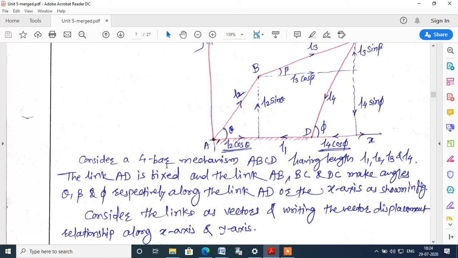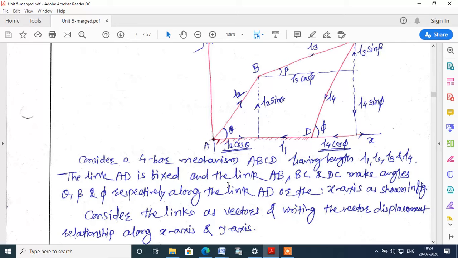So consider a 4-bar mechanism A, B, C, D having the lengths L1, L2, L3, L4 as shown in the figure. In this mechanism, link AD is fixed and the links AB, BC and DC make angles theta, beta and phi respectively along the link AD, or you can say along the x-axis as shown in the figure.